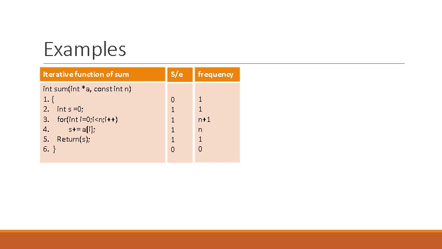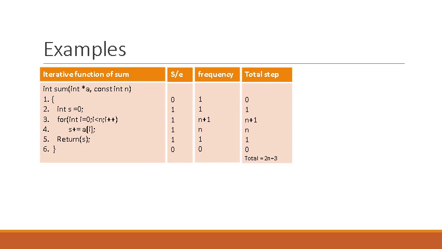So now we have step execution count and frequency count. We will multiply these. The total step count we are getting: first 0, then 1, n plus 1, n. If we add all of this, we get 2n plus 3. We can cross-check that when I am passing n as 3, it is going to execute 9 statements for getting the sum of 3 elements.